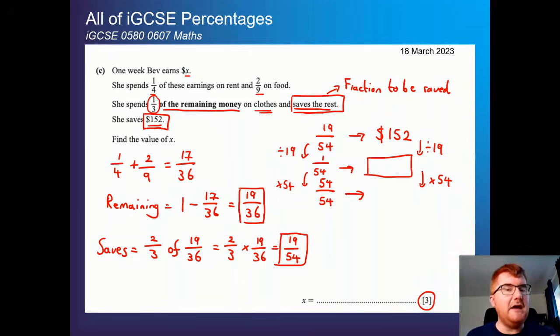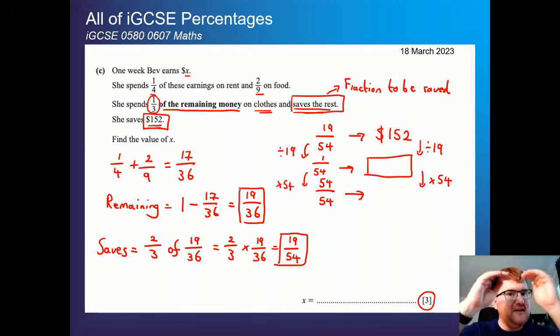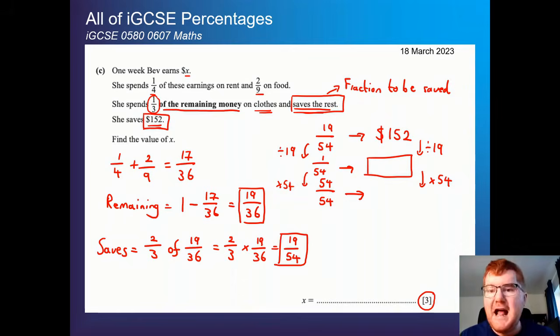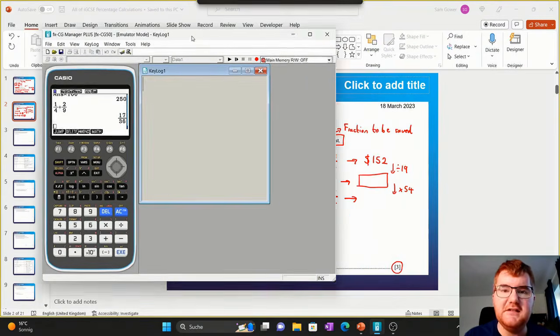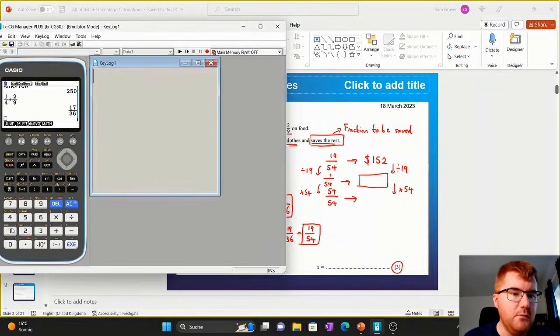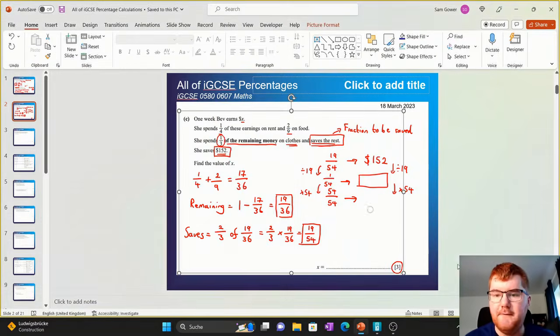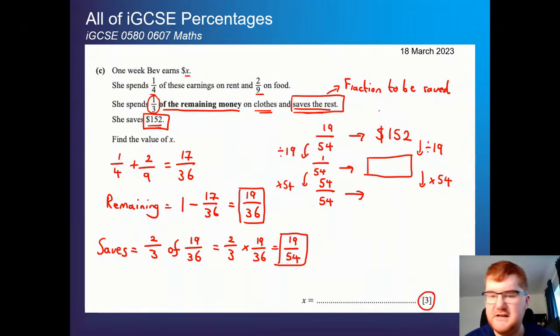So this is now where the calculator comes in. We've set this up in this 3-stage process, and now we can just work out the answer. Okay, so all we need to do at this point is type in what we've written. So we get 152 divided by 19, and then we are going to times by 54, giving us our final answer of $432.